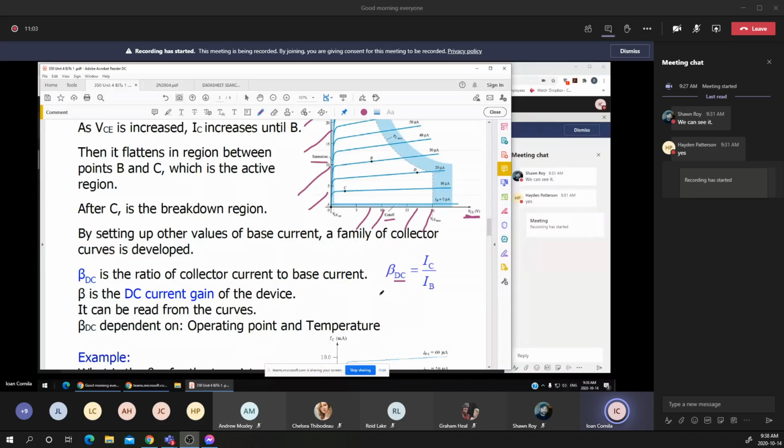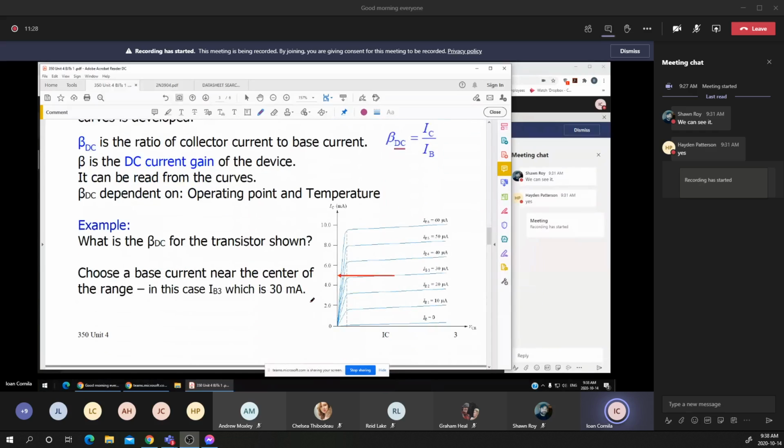Another notation used for the beta DC is the HFE. We'll discuss it a bit later, and I'll show you in the specs of a transistor where we can find this beta DC or HFE.